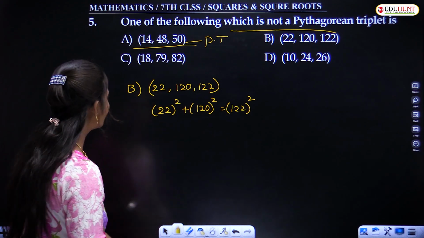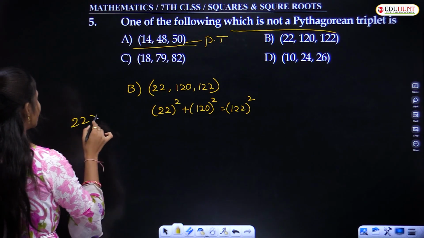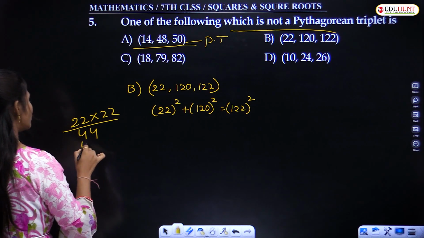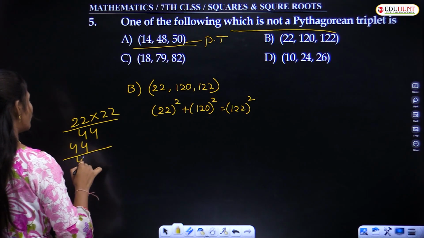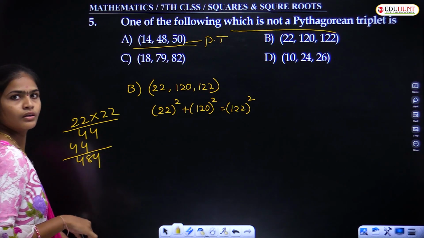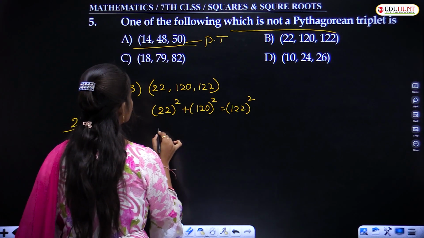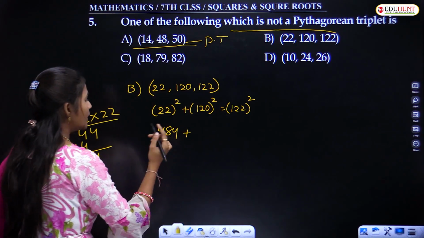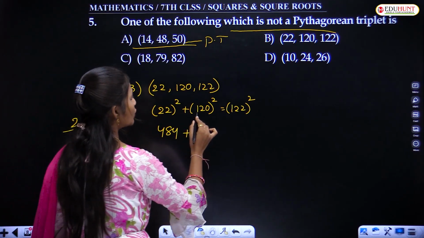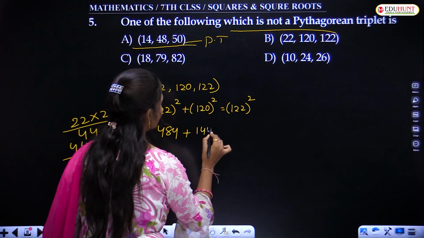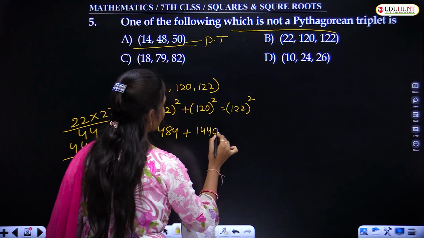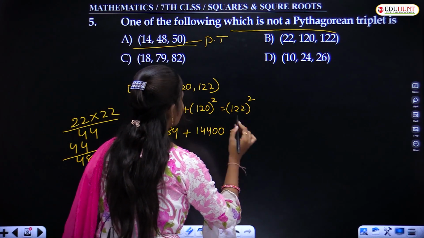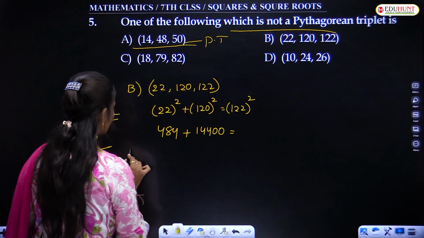If you don't know, do this: 2 2s are 4, 2 2s are 4, and again 2 2s are 4, 2 2s are 4. So 484. Then 484 plus 120 into 120. 12 12s are 144, and 0 multiplied two times gives 0. First add these two here.